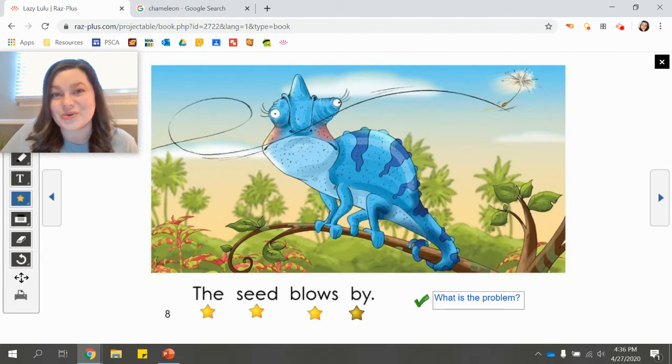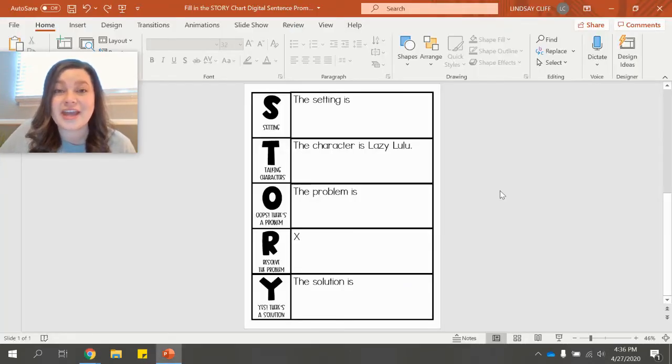Let's go back to our story chart. We're going to look at, oops, there's a problem. What is the problem? Pause the video and turn and talk with a parent or sibling about what you think the problem is. Well, I know that Lulu is a chameleon, and I think that she's probably looking for something to eat, but she doesn't eat leaves, she doesn't eat feathers, and she doesn't eat seeds.